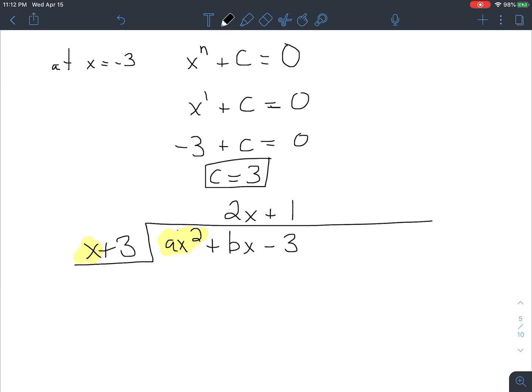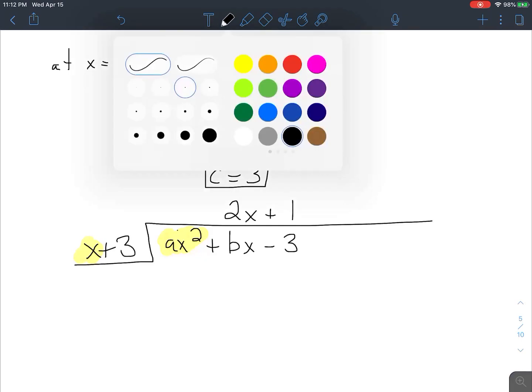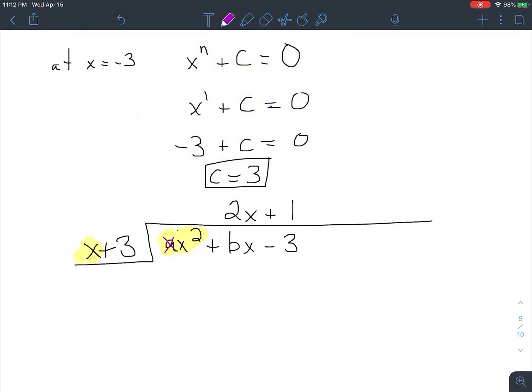Well then a must have been 2. So 2x squared, because 2x squared divided by x is 2x. Then going back the other way, we have 2x squared plus 6x, and so we're going to have b minus 6x.